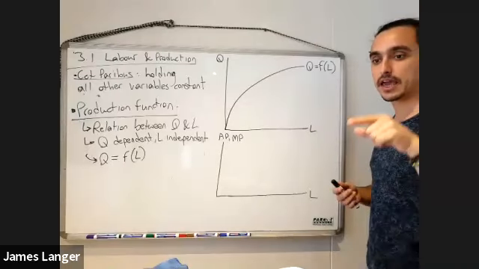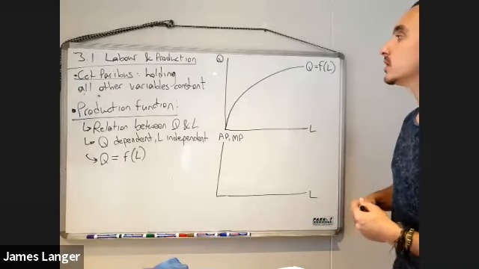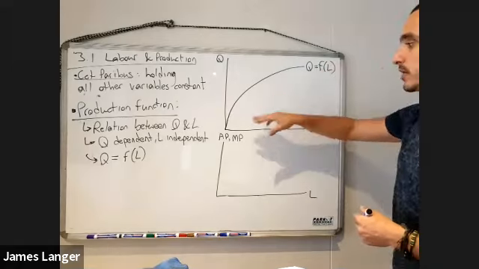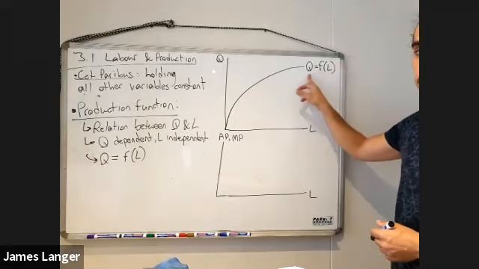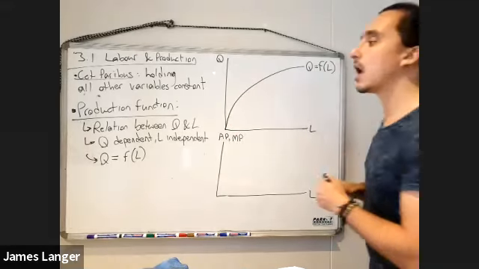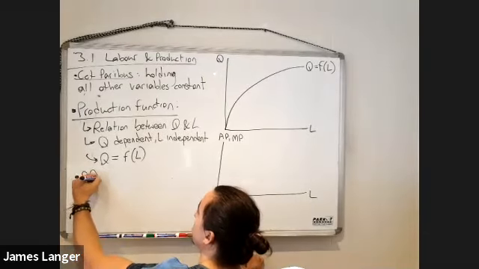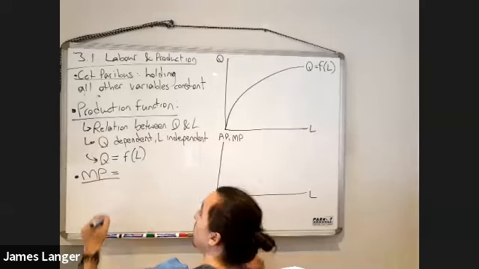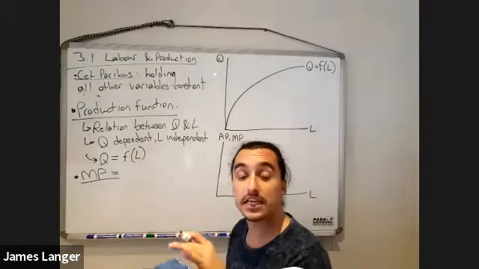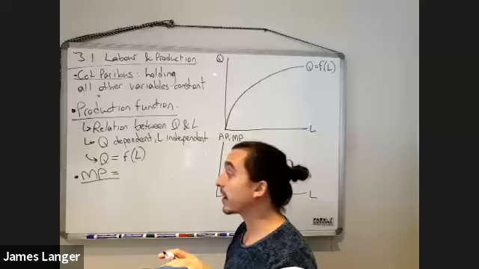Okay, what does the AP and the MP mean? Abigail, we're going to get there now. So we've got our production function, which increases at a decreasing rate. Now we're going to define AP and MP. Marginal product, MP, is in your definitions list, so make sure that you look at it.